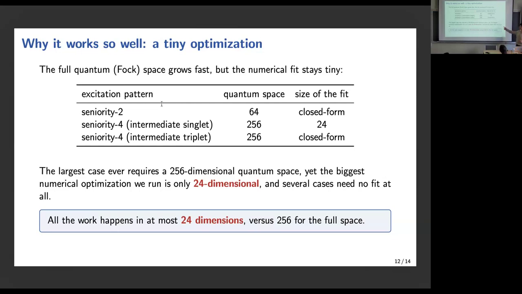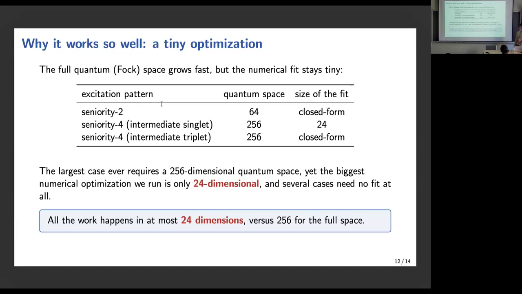So the problem becomes really small. So for the seniority for intermediate triplet case, I didn't have to do any nonlinear optimization because there was so much structure in the algebra. So yeah, you're right. We do look into those cases.